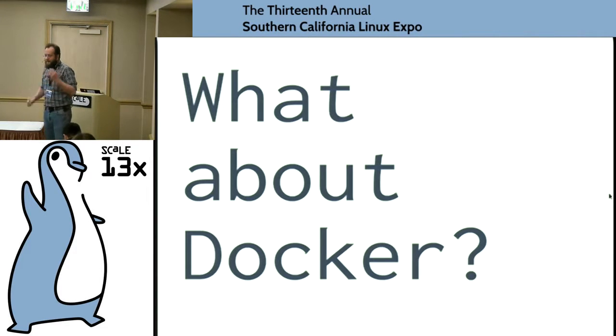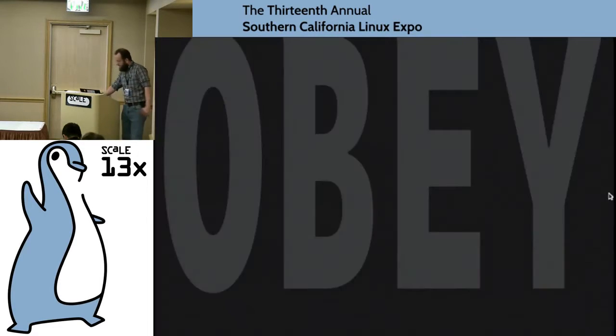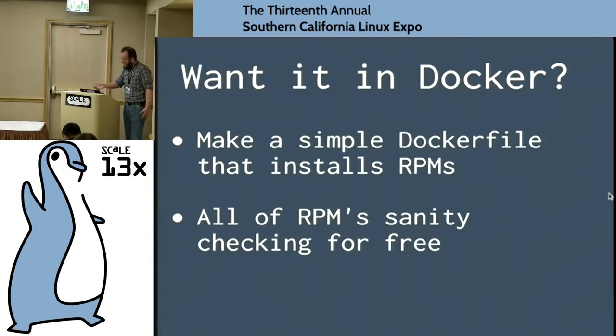Well, Docker is great, and once you've done the RPMs, you've done 99% of the work of making it run in Docker. So you want it in Docker, just make a short Docker file that drops your repo into your yum configuration directory and does the installation. You use Docker as a wrapper around RPM.